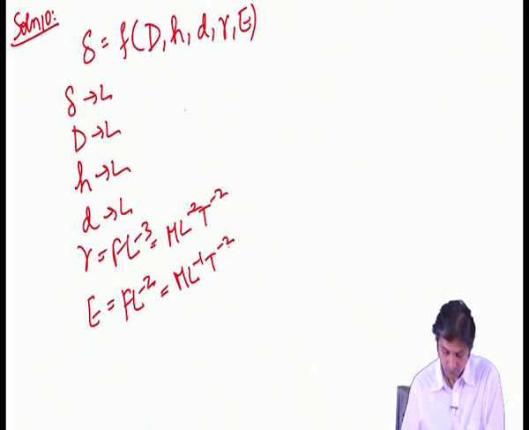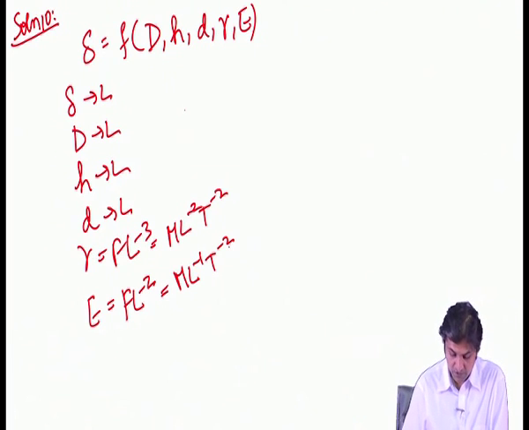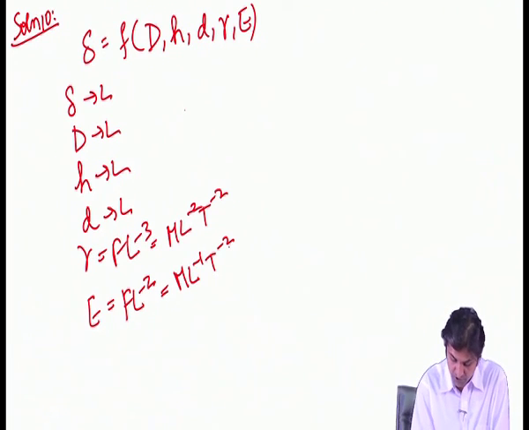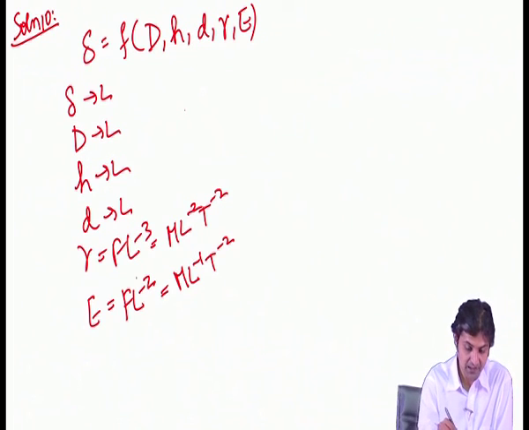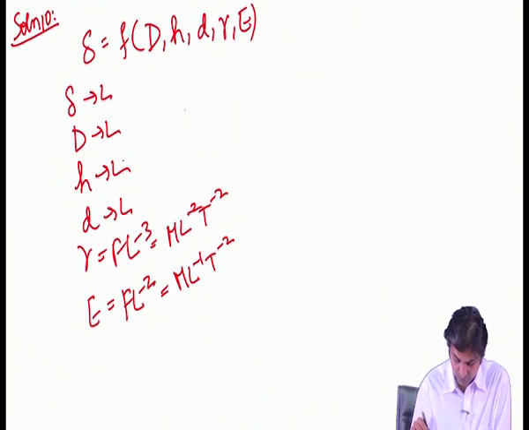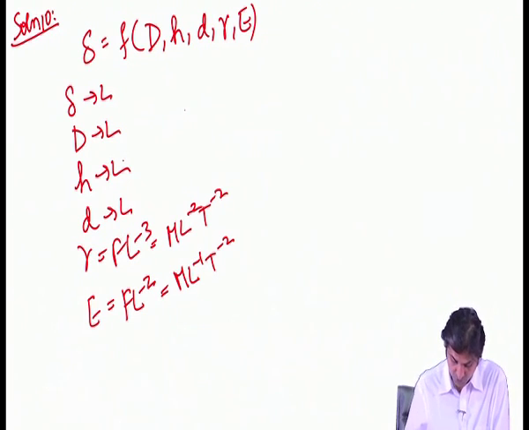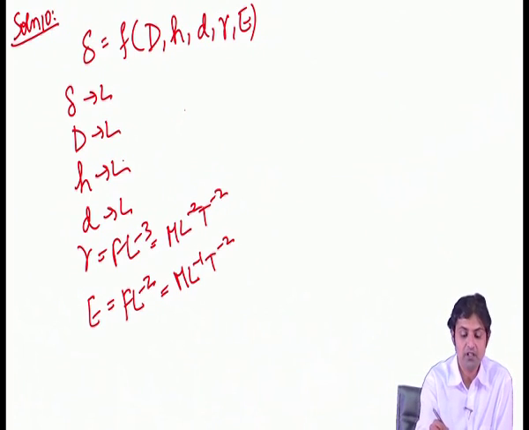So we have to determine the number of required pi terms here, right? So for now we will use FLT as our system, not MLT.